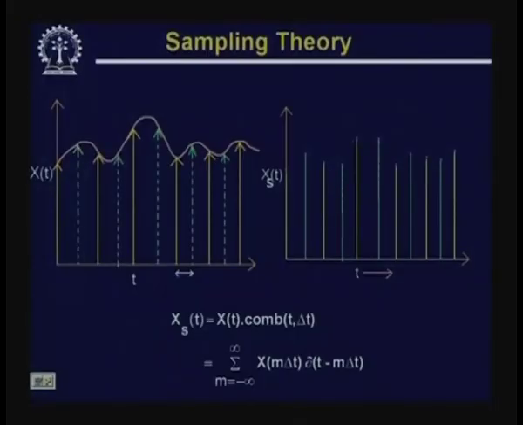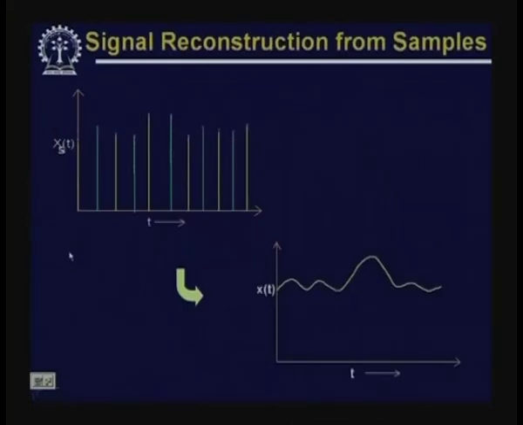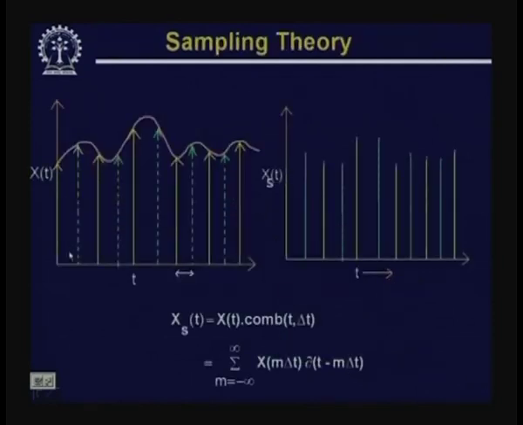Now, let us briefly recapitulate what we have done in the last class. This is a signal x(t), which is a function of a single variable, say t. We have sampled this one dimensional signal with a sampling function which is represented in the form of a comb function, comb of t, delta t, and we get the sample values as represented by x_s(t).